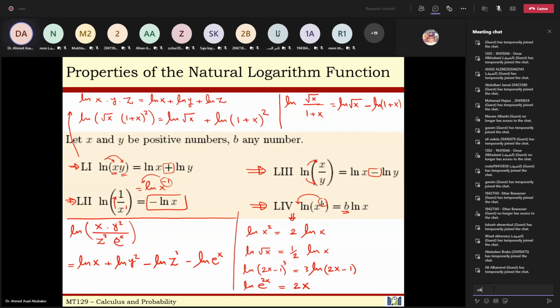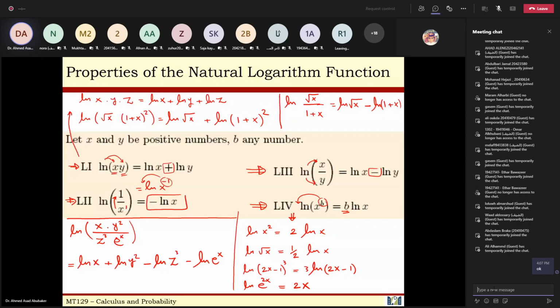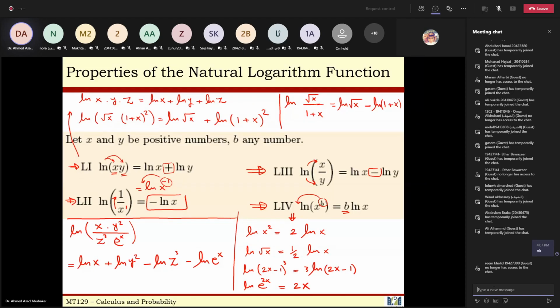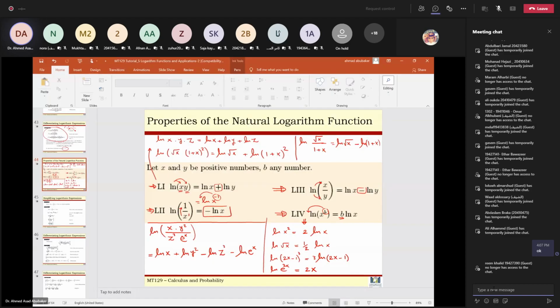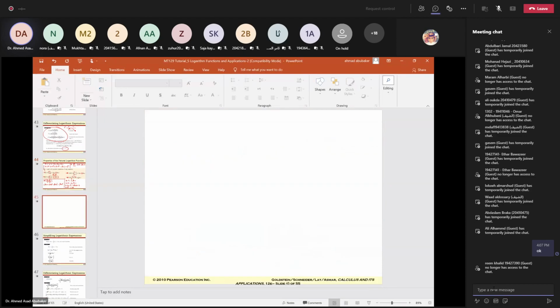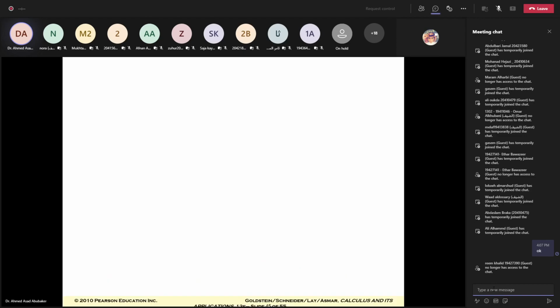Any question? I need to put an example of how we can use these properties to find the derivative of a complicated function like this.